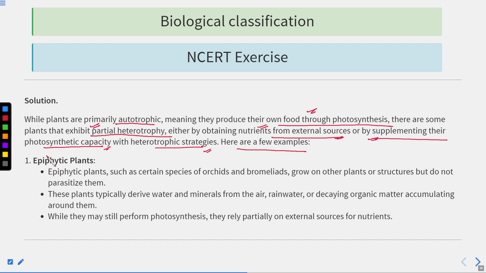Now the first one is the epiphytic plants, the plants that get attached to other plants, mostly trees. So epiphytic plants, such as certain species of orchids and bromeliads, grow on other plants or structures but do not parasitize them.